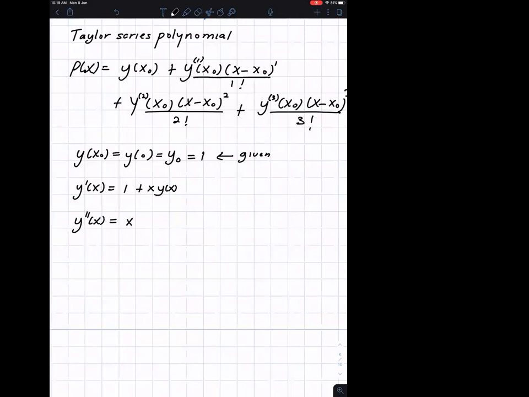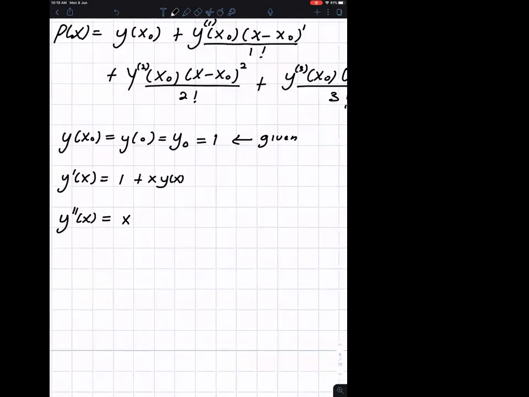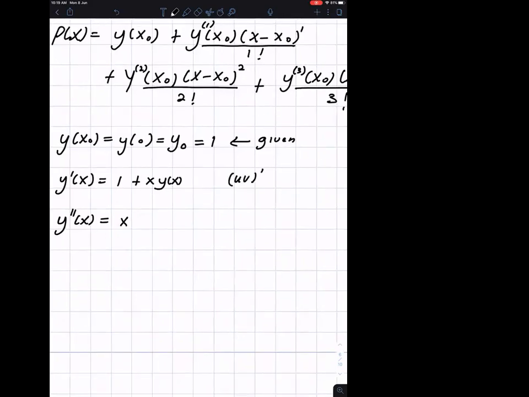For the second derivative, you take the derivative of the first derivative again. The derivative of 1 is 0, then for the derivative of xy, you apply the product rule: u prime v plus u v prime.